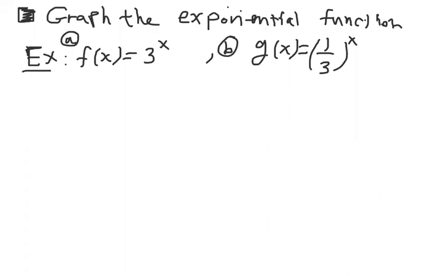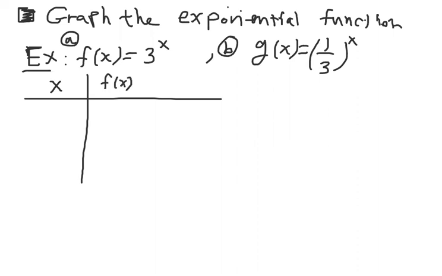Like usual, we start graphing the function by using plotting points, choosing points by using a table. This is the first thing, then we learn how to do the transformation for the function. So x, and here f of x, and here g of x.